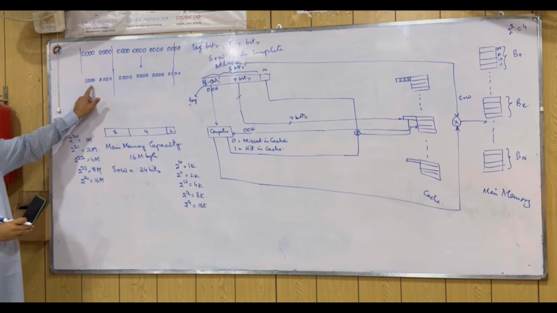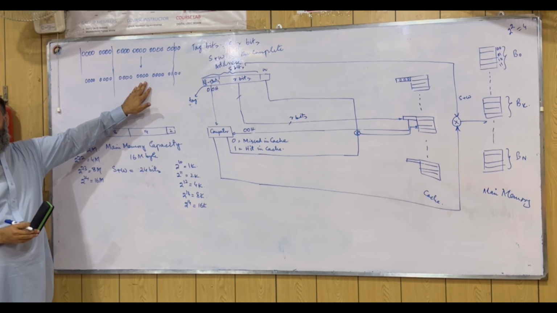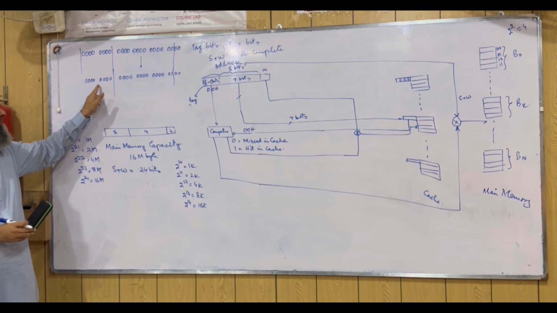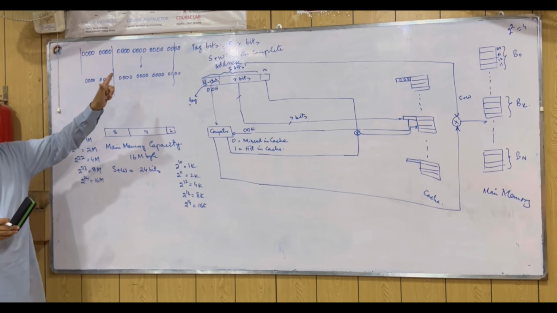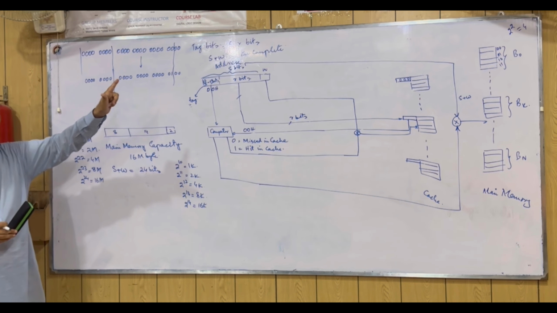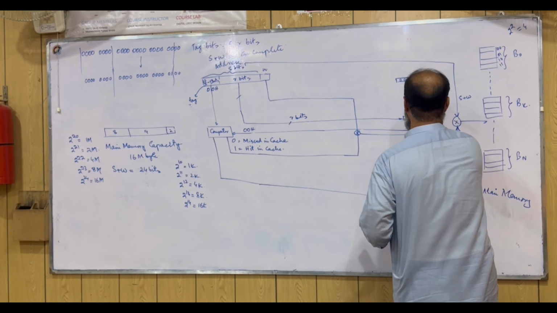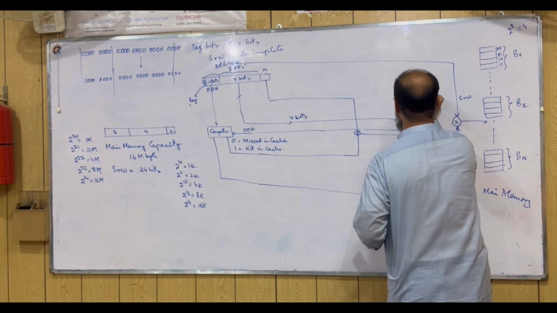Now, if this address is generated, तो आपका tag तो match करता है. पहले वाला और दूसरे वाला का tag एक जैसा है. Yes, sir. We have the same, but what's the difference? Lines matching. Line is different. It means that the very next line is selected. तो उसके tag में शायद ये ना पड़े.